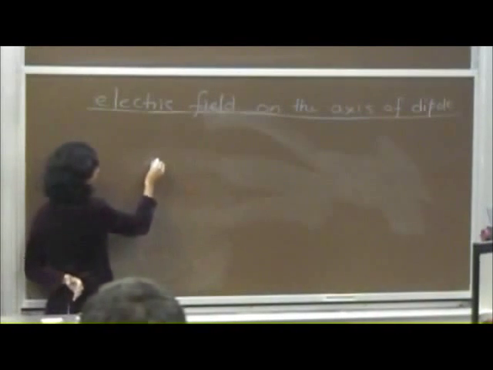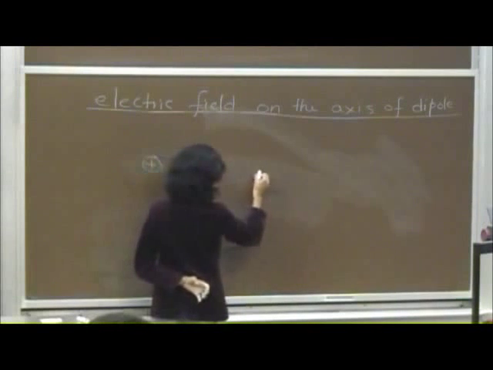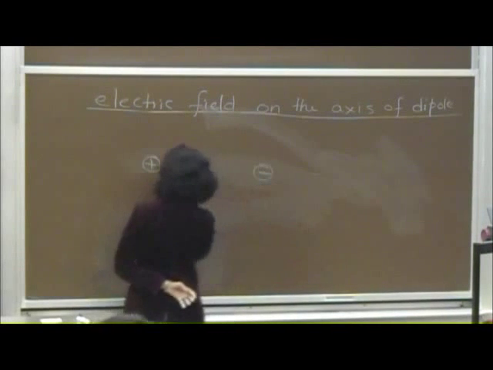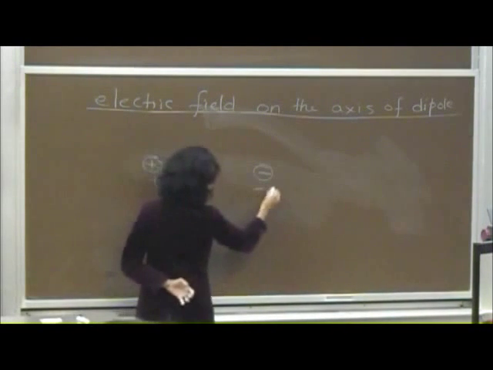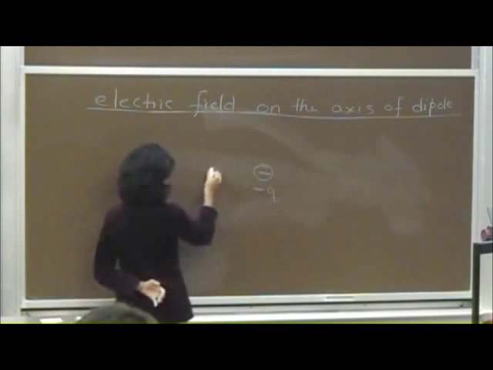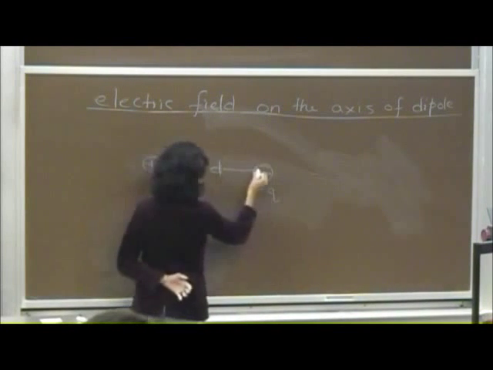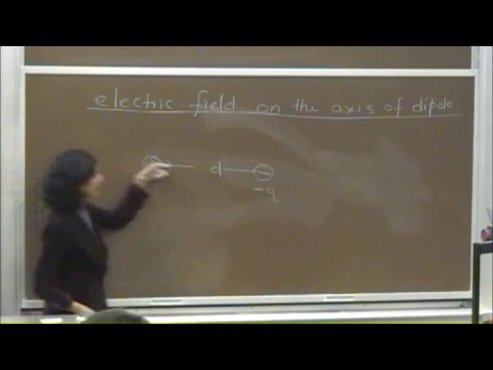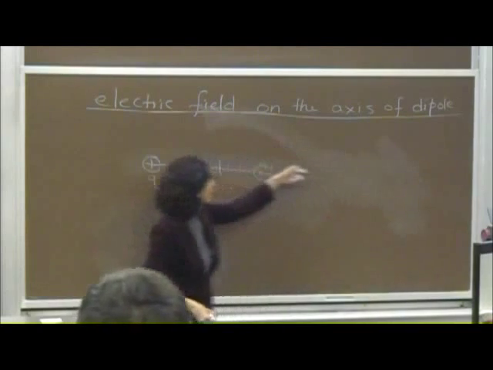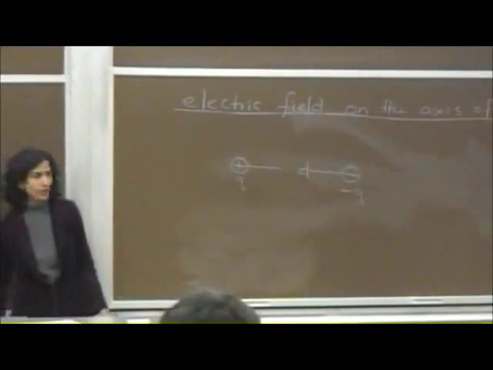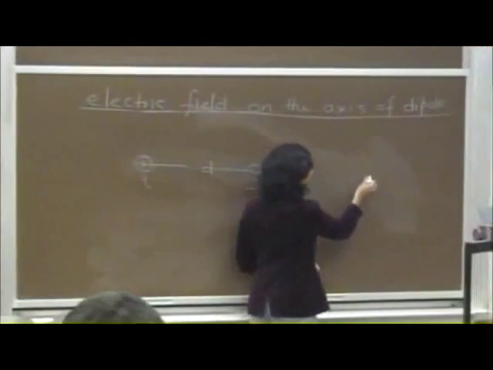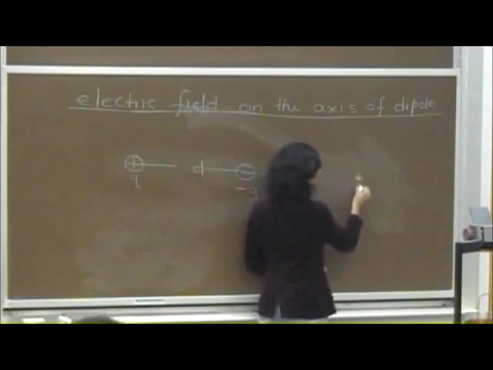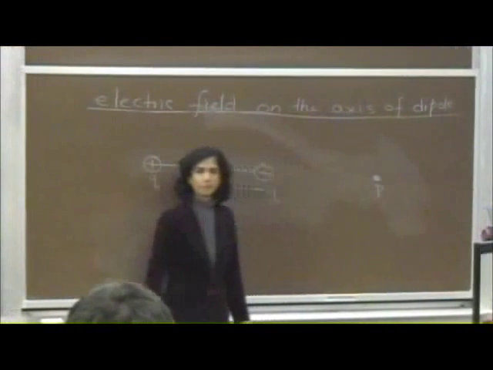So what do I mean by axis? So this is plus Q, this is minus Q, this is the distance d between the 2 charges that form the dipole. And by axis I mean the straight line that is joining the positive and negative charges. Okay? Let's say we have to find the electric field magnitude at some point P over here.